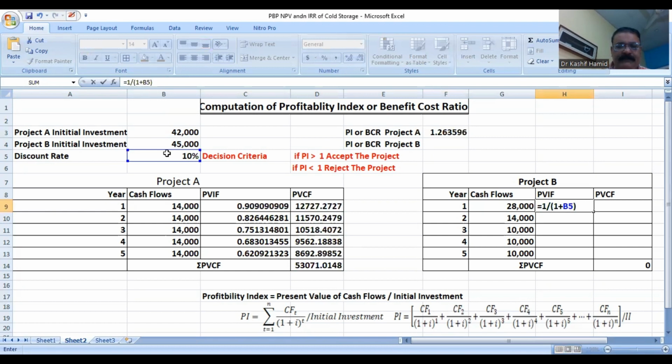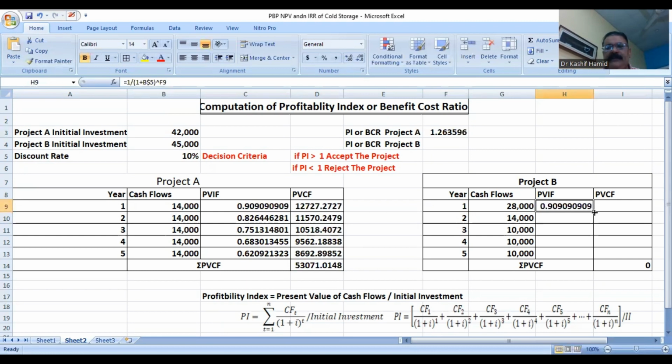We will make its power, that's the vesting from 1 to 5 years. We will close the second bracket and we will fix the interest rate.